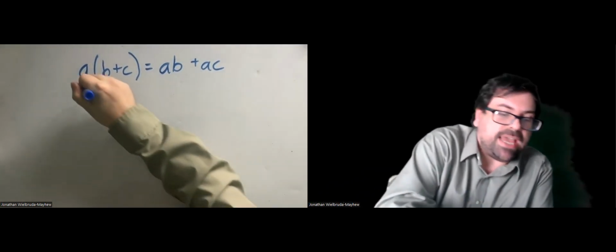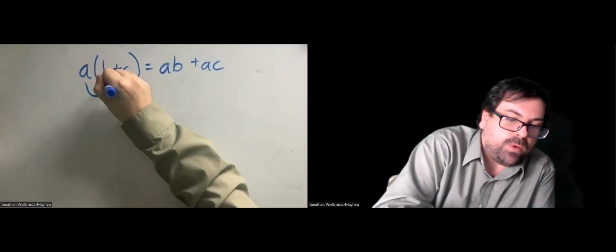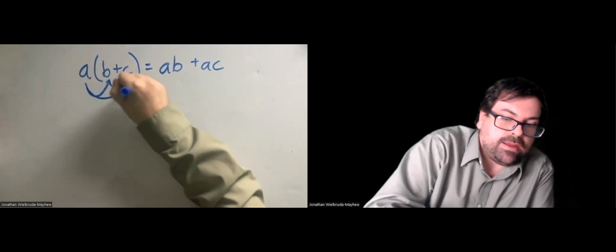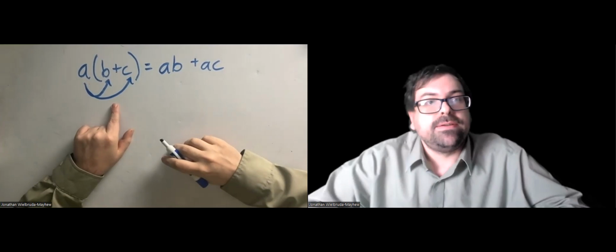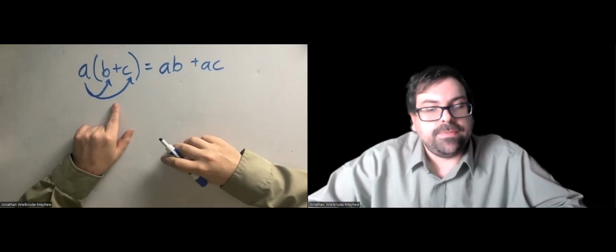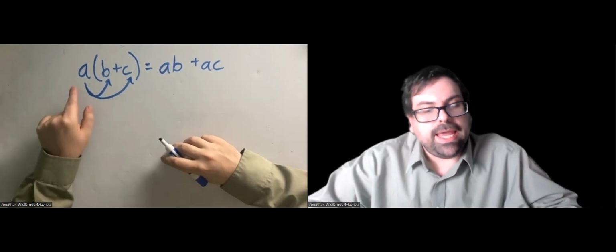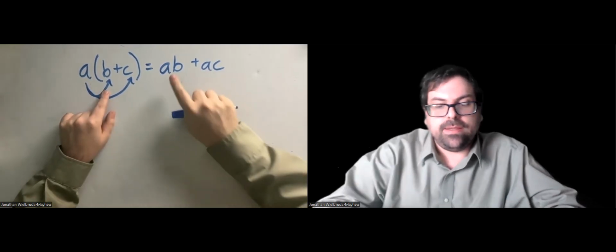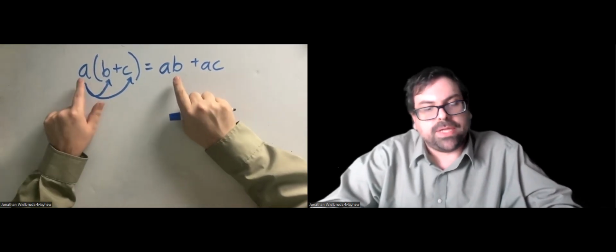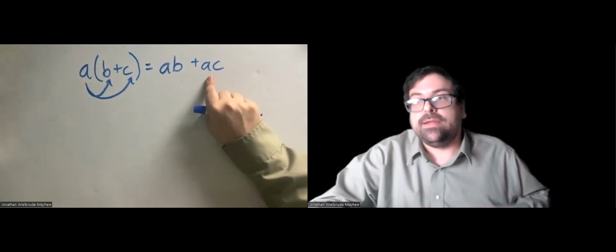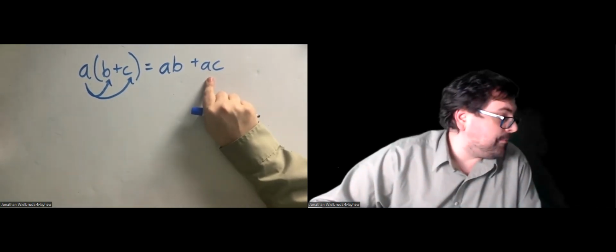And visually what's happening is that we're multiplying what's on the outside by both of the things on the inside. A times B is A times B plus A times C is A times C.